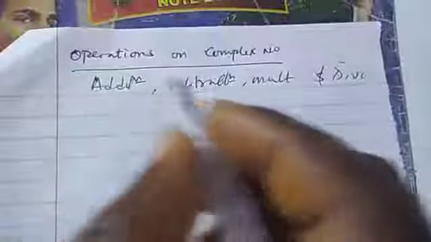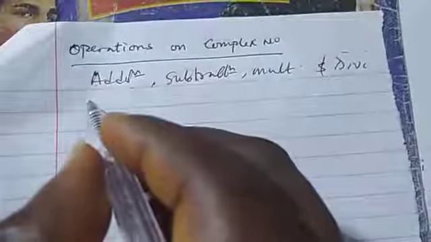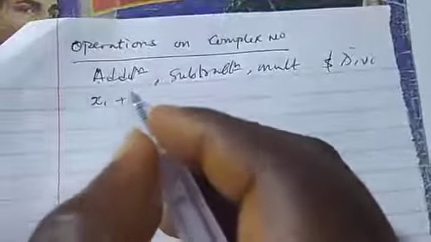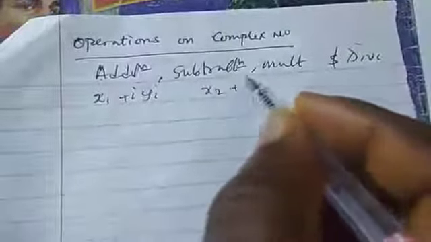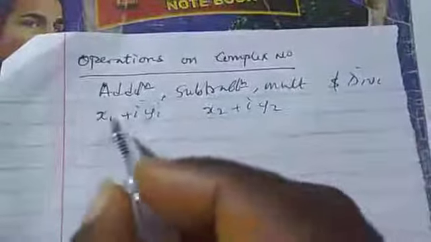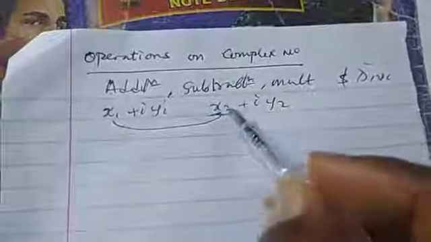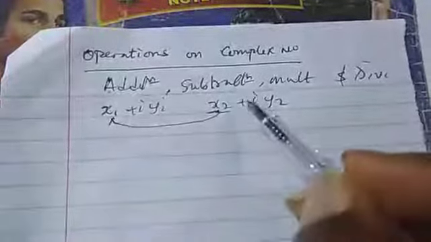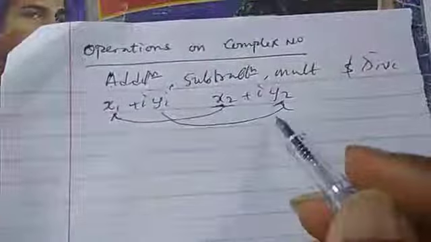If we want to add or subtract two complex numbers, let's say we have x1 plus iy1 and x2 plus iy2, to do this, we only need to add up the real parts and add up the imaginary parts.